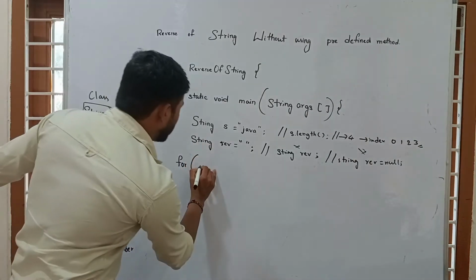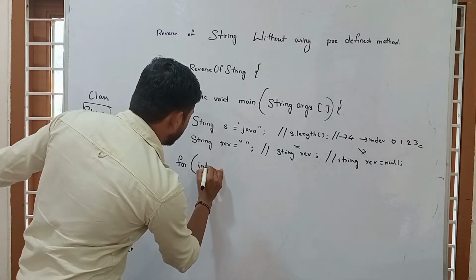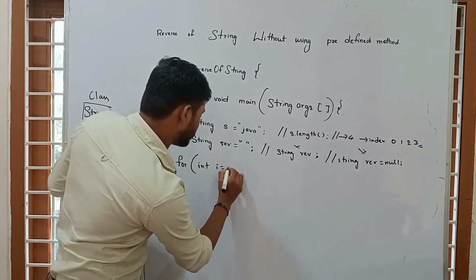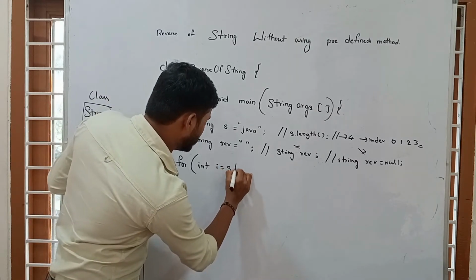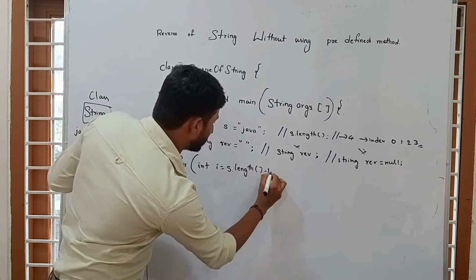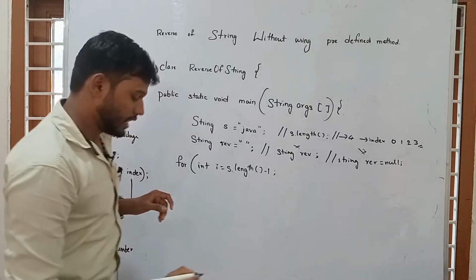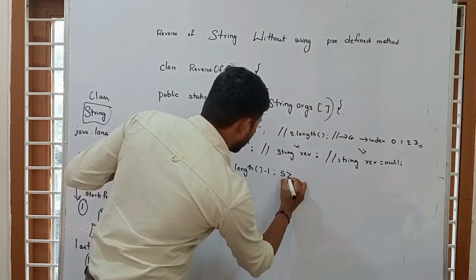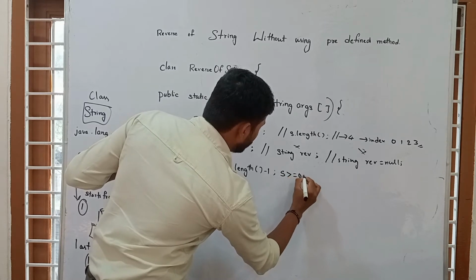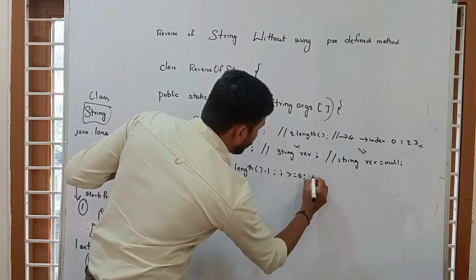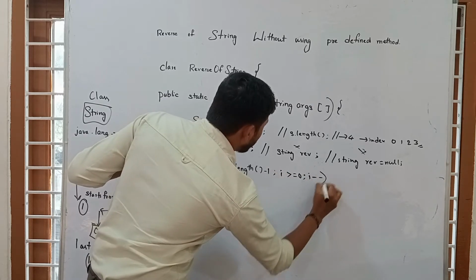Now here I am initializing one variable, int i equal to s.length minus 1, and then i greater than or equal to 0, and then i minus minus.